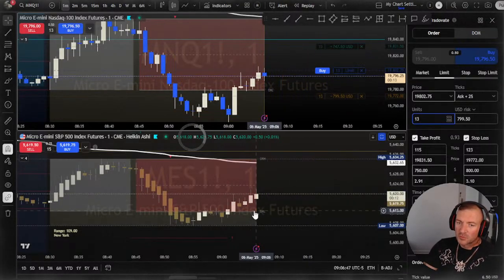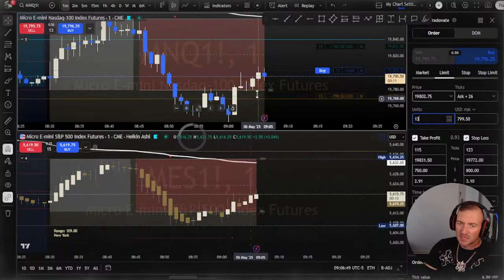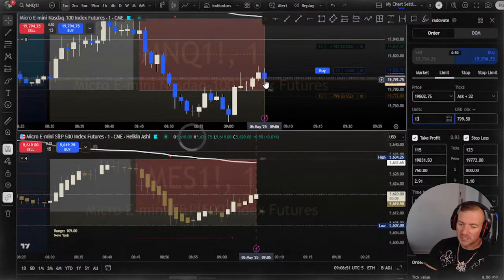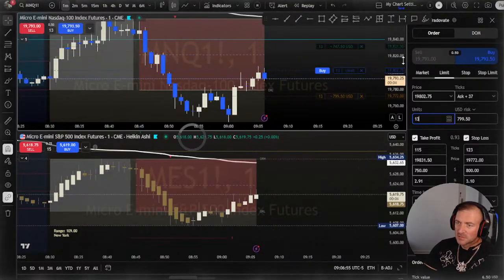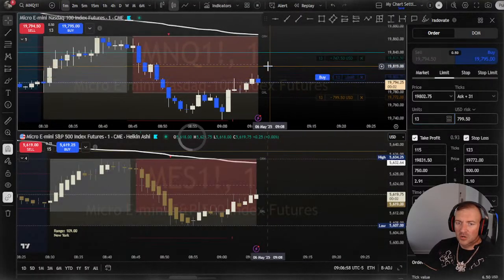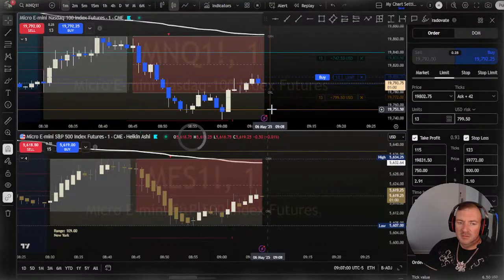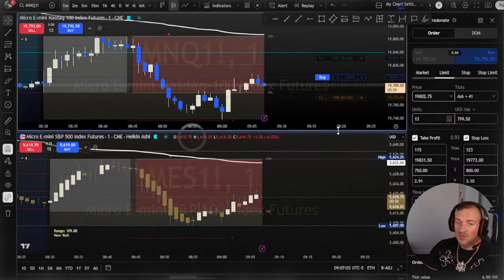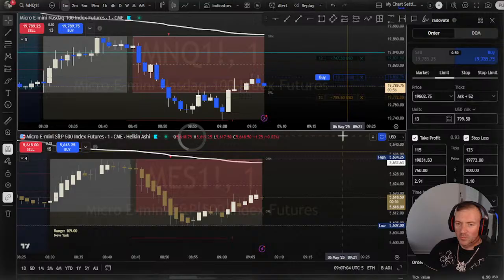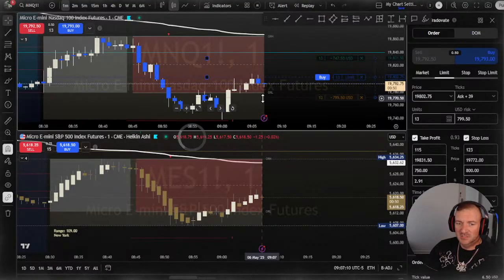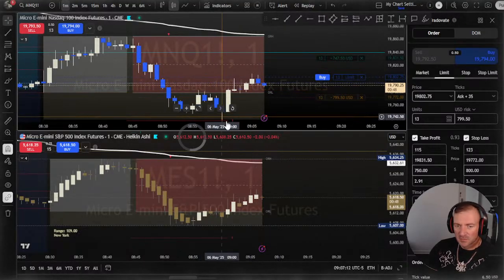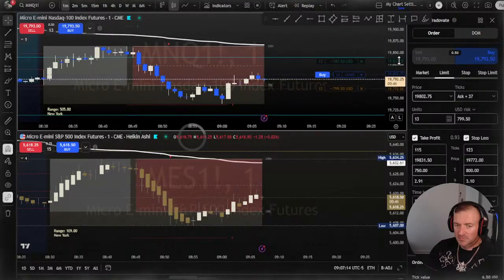But see, it's not foolproof because here we have 3 white ones and here it's 2 white ones with a blue doji afterwards. So now are we going back down, or are we actually going to hit the 50% range midpoint? No, we're going back down. This is a super weird day. So what did we do? We came down, we retested, established this as resistance, shot down like we're actually going to do something.